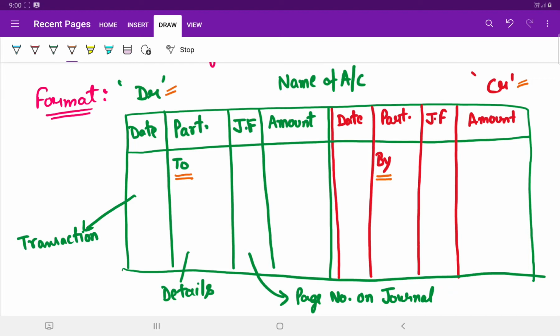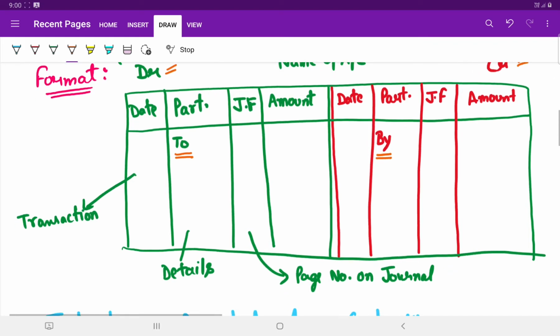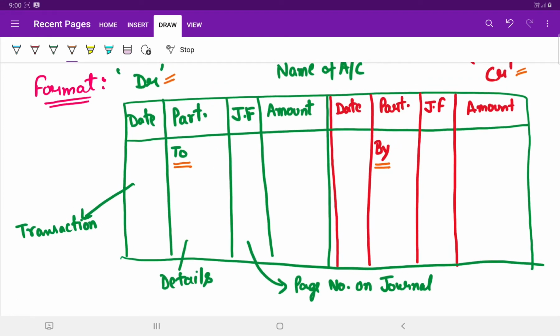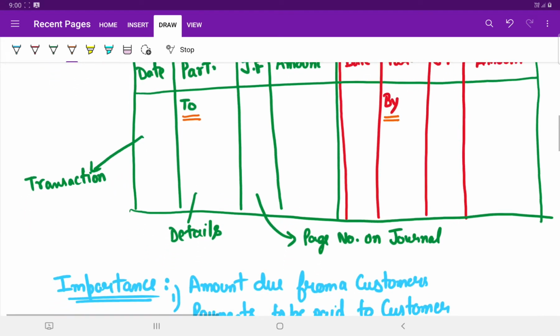Then come the particulars, which relate to the particular transaction and give the details of all the transactions happening in a particular account. Then is the JF, the page number of the journal or the book of original entry from where the posting is done, and then the amount involved is written in the amounts column. Similarly, on the credit side the same entries are carried out.